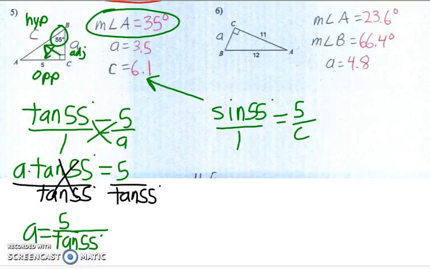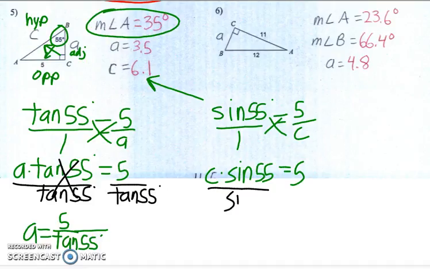Make it into a proportion so that we could cross multiply, and we might have to divide. C times sine of 55 degrees equals 1 times 5 is 5. We got to get C all by itself, so we got to divide both sides by sine of 55 degrees.